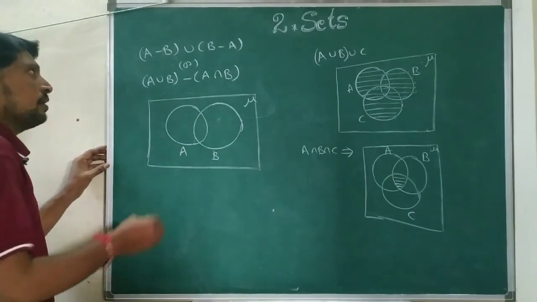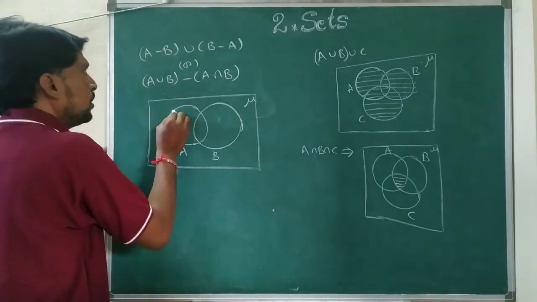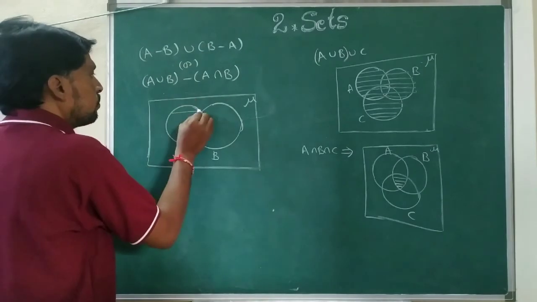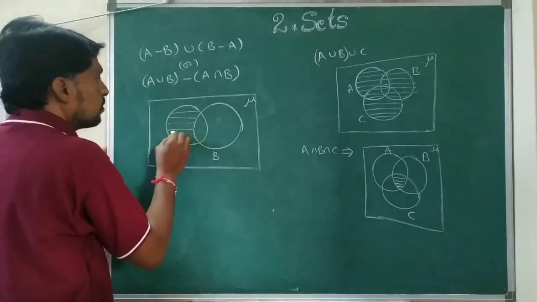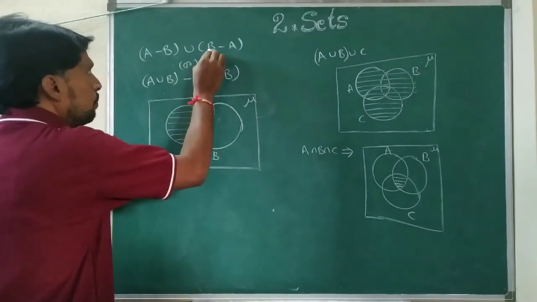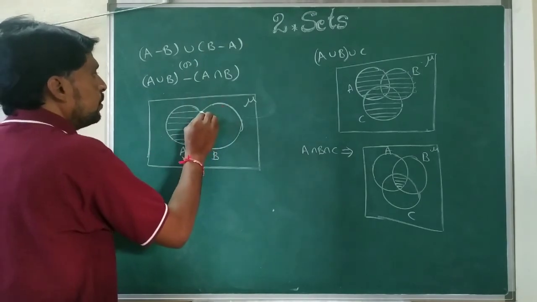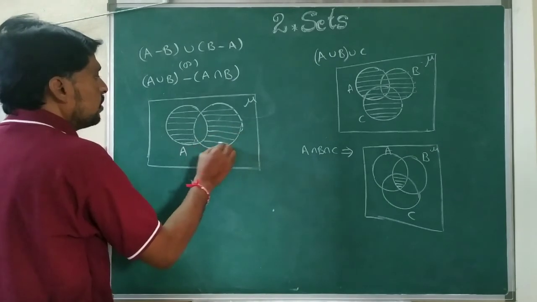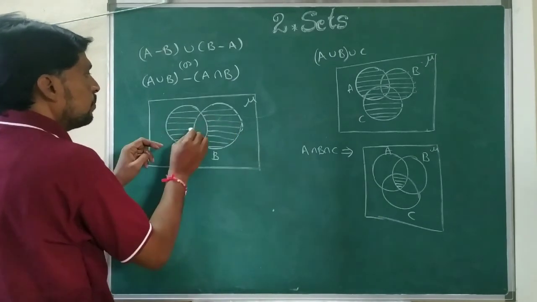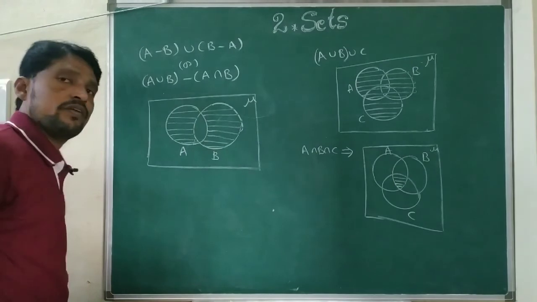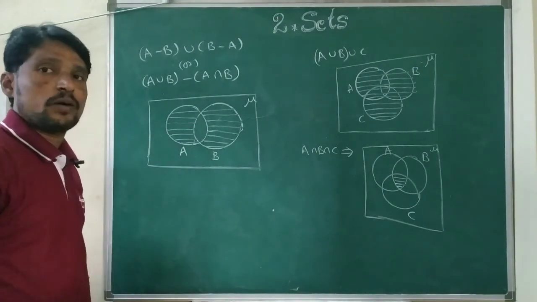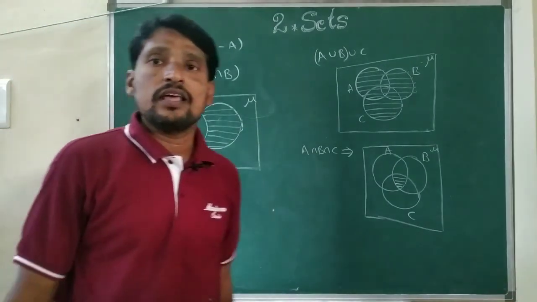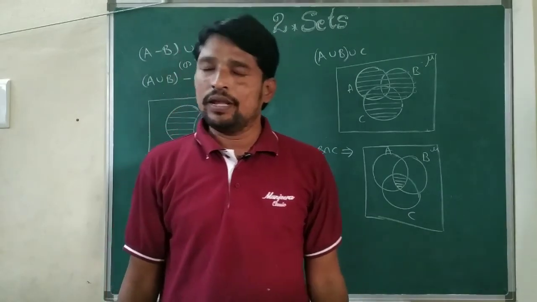A minus B means we subtract B from A, and we get this part. Union B minus A. B minus A means we subtract A from B, and we get this part. Union means we take these elements plus these elements. We do not need to take the common region. So this is called A minus B union B minus A.